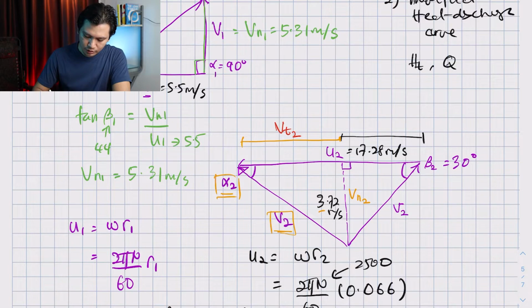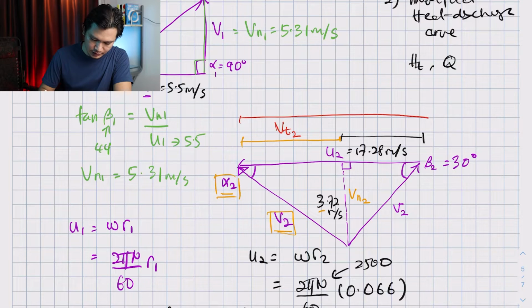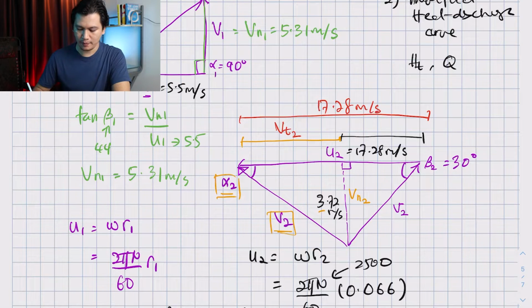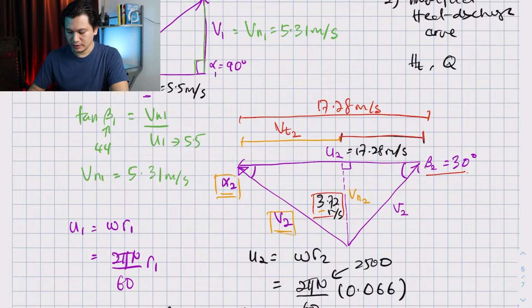We know that the total length of this distance is U2, and U2 is 17.28 meter per second. And now that I have beta 2 equal to 30 degrees and I have this information, I can actually find this distance. That distance, I'm going to call it x.